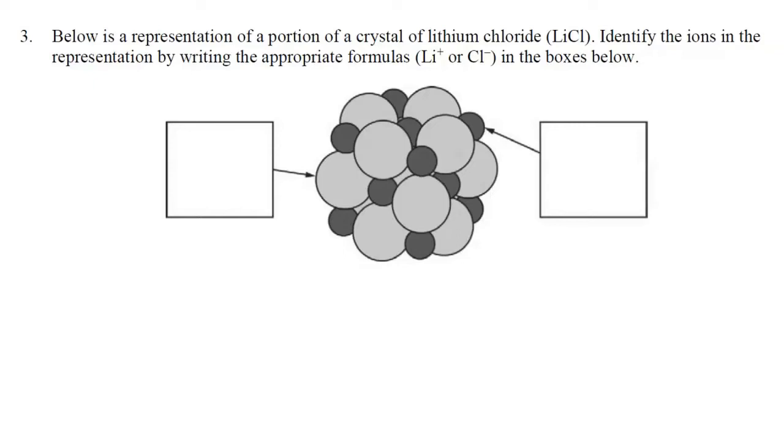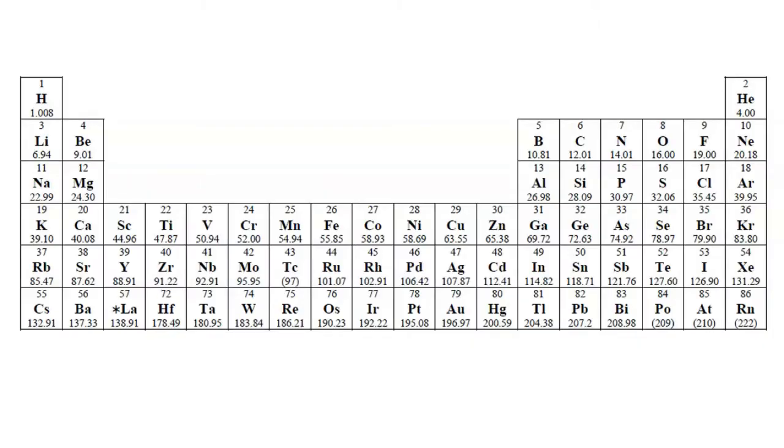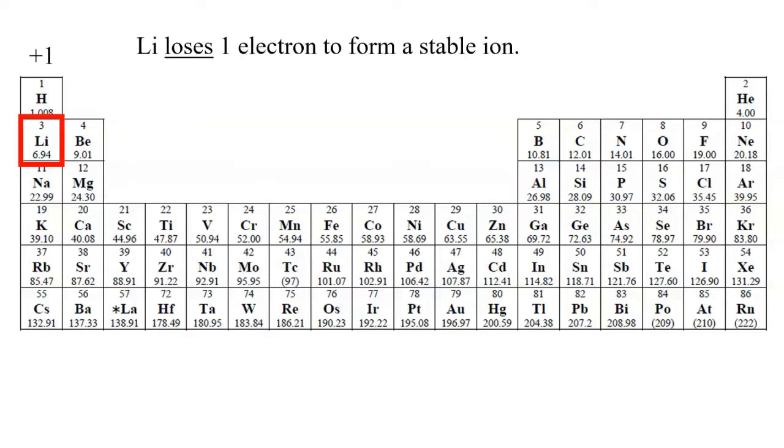Let's compare the size of Li+ and Cl-. So here's lithium, which normally has 3 electrons as an atom. It has a +1 charge, which means that lithium loses 1 electron to form a stable ion. So the Li+ ion has 2 electrons.